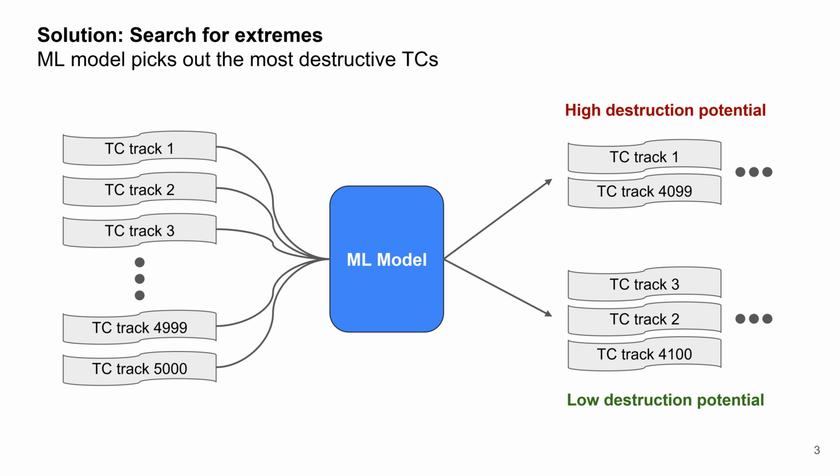And for the ones with high potential for destruction, we run the hydrodynamic simulation on those tracks. And for the rest of the tracks, there are cyclones that will pass through Bangladesh and not cause an extensive amount of destruction, so we do not need to run the simulations to assess risk for the low destruction potential cyclones.